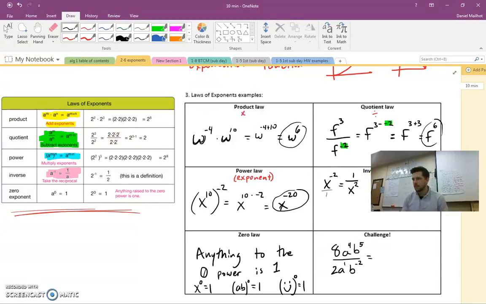Let's condense it down. Well, 8 divided by 2 gives you 4. And divided because there's a fraction bar, right? Fraction means divide. Now, we know this: if you've got the same base with different exponents and it's being divided, you can subtract those exponents.